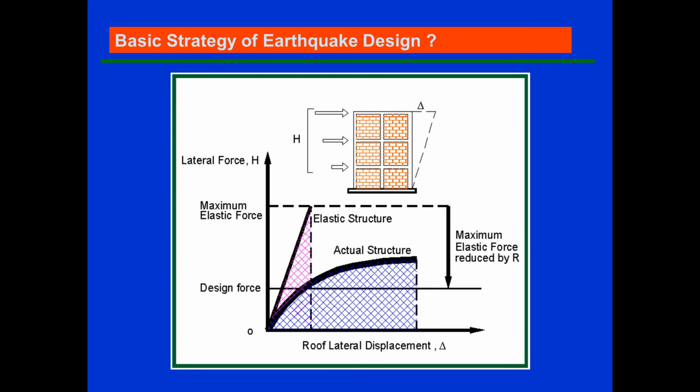If you plot the graph between delta versus the lateral force, first we see the horizontal line, that is the design force, and second is the maximum elastic limit of the force. The maximum elastic force should be reduced by R, the response reduction factor, which will be considered while analyzing the structure. All the formulae and these R factor, H factor are available in your analytical part. We will see them while we solve the numerical parts.